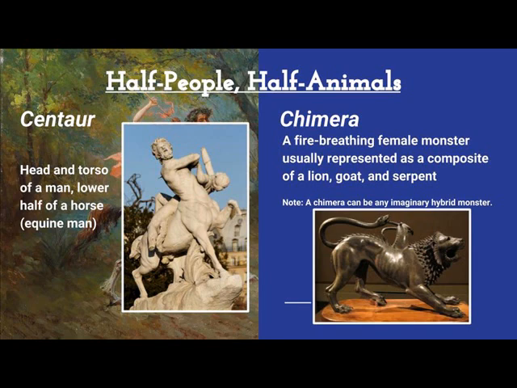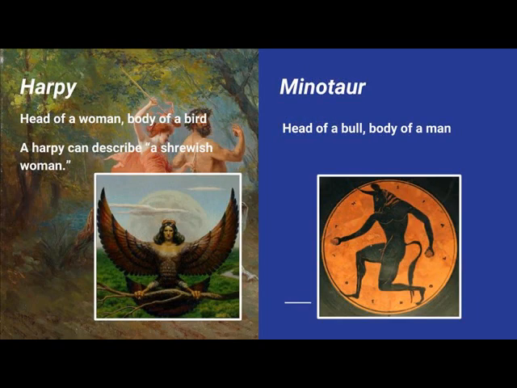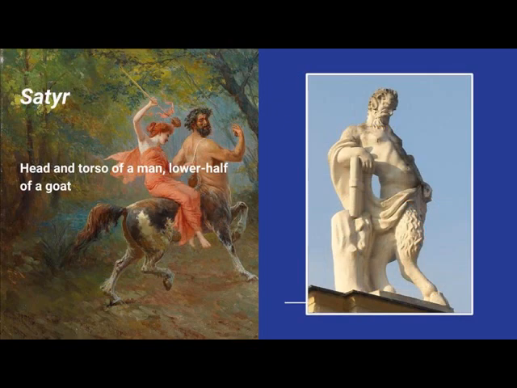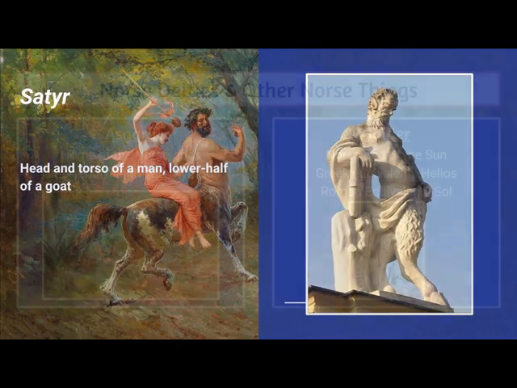Note, a chimera can also be any imaginary hybrid monster. Harpy, head of a woman, body of a bird. A harpy can describe also a shrewish woman. Minotaur, head of a bull, body of a man. And satyr, head and torso of a man, lower half of a goat.